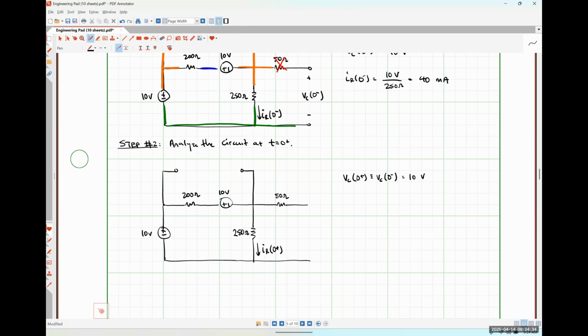So we replaced our inductors at 0 plus with a current source. I'm going to replace my capacitors at 0 plus with a voltage source, where my voltage is going to have the same value, 10 volts, and same polarity as VC at 0 minus.